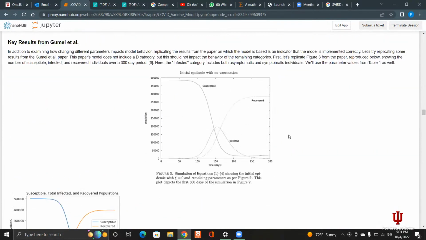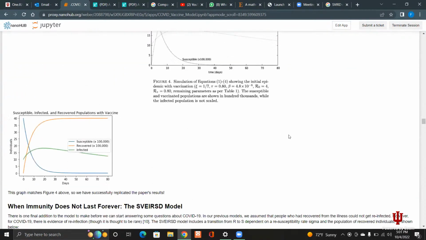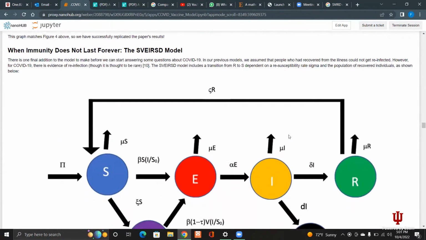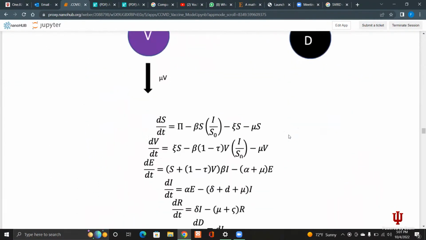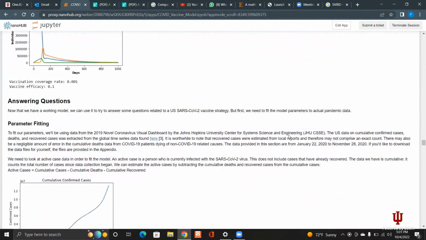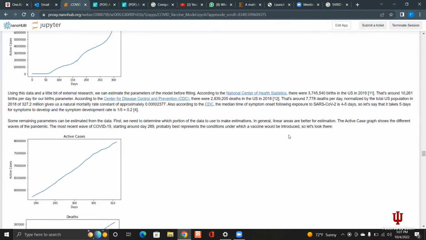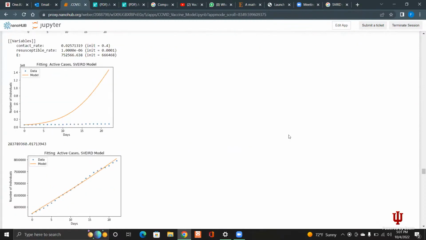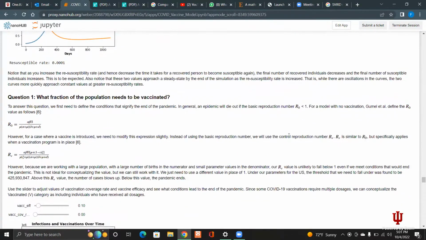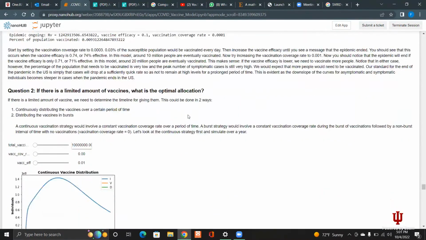So after that, here are some questions that were answered for this model. And the questions were: what is the fraction of the population that needs to be vaccinated so that the infection rate comes down, or people have a very small chance of getting reinfected due to contact or something?